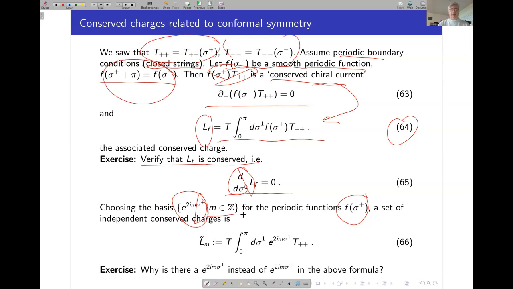This allows us in formula 66 to write down an infinite set of independent conserved charges by just making special choices for the function f. By the way, you will see here that the basis function depends on sigma plus, while I have written a sigma 1 here. But if you have understood what conservation means, it should be clear why I can evaluate this with sigma 1.